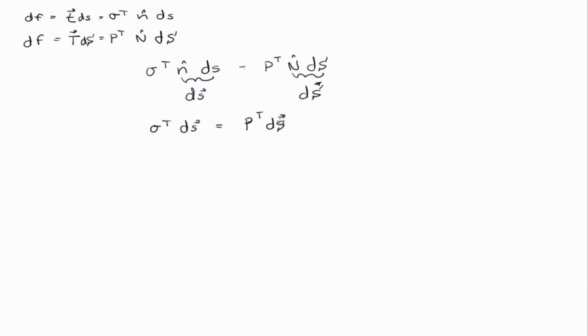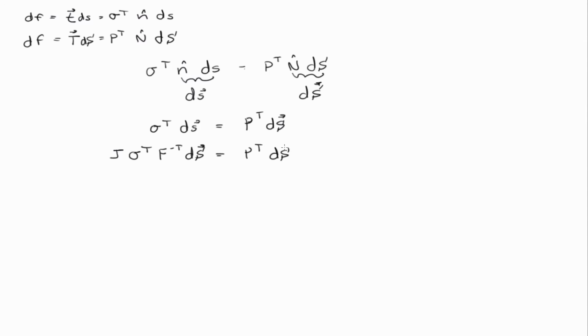Now we have a relationship, Nanson's transformation, for d little s. So plug that in: sigma transpose is equal to, and J is a scalar, so I'm just going to move it out front, J F inverse transpose d big S is equal to P transpose d big S.